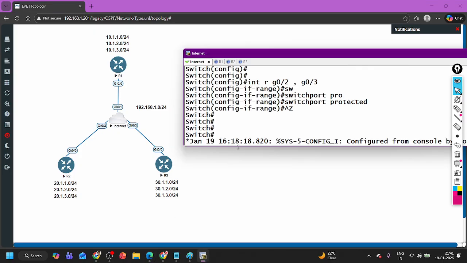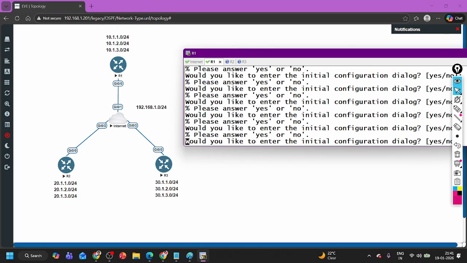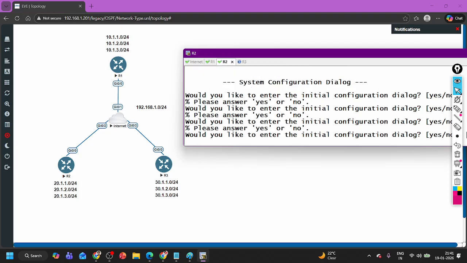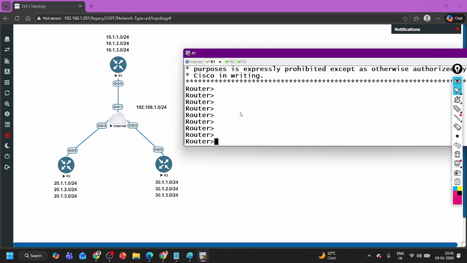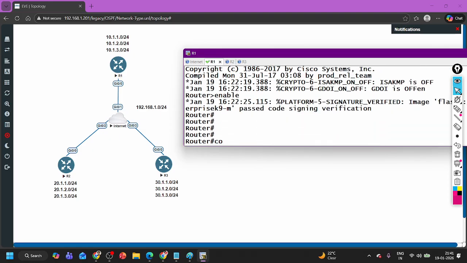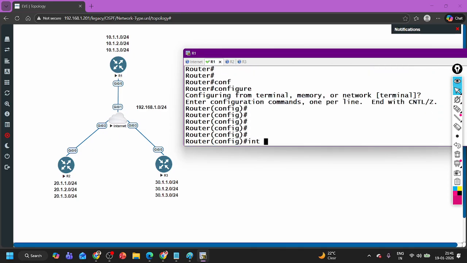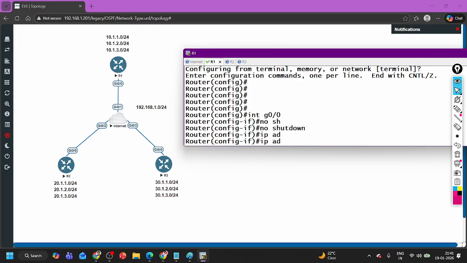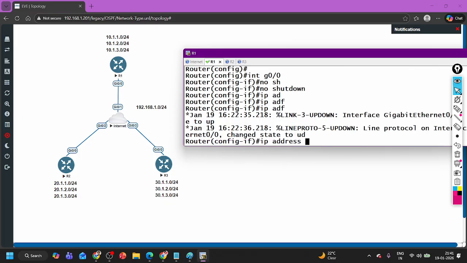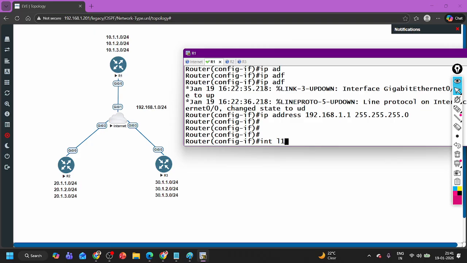If I already have access to the devices, let me configure. Router 1: config t, interface G0/0, no shutdown, IP address 192.168.1.1 255.255.255.0, and I am creating just one loopback.